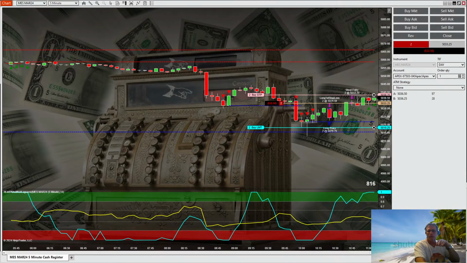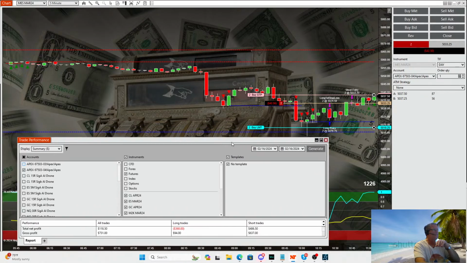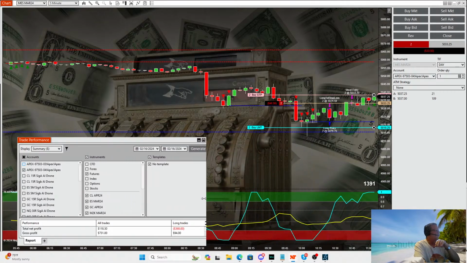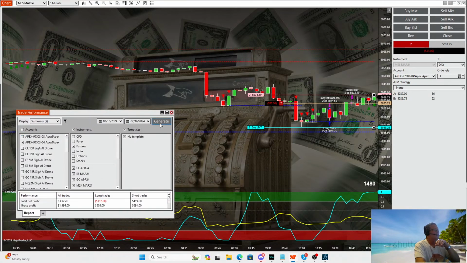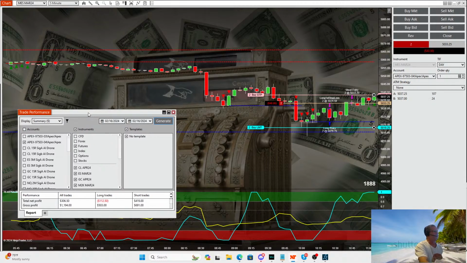Let's take a look and see where we're at. Our performance here with these Apex accounts. Yeah, I was a little bit disappointed with number 3. Number 4 really exceeded my expectations. We got into some really nice runners on that NASDAQ 30 range, and I think one on the 2-minute. 2 beautiful trades that had we been trading one mini, we would have been really happy with the day.